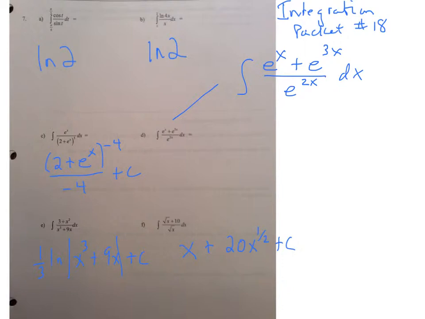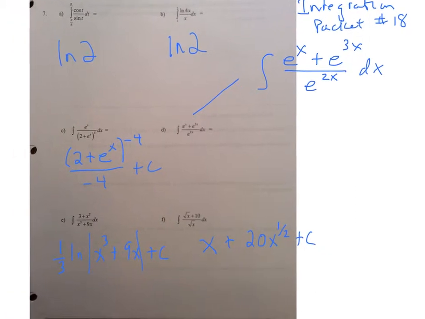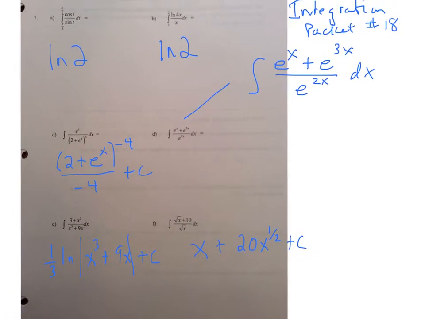So I make a recommendation in these kinds of problems where you have two terms being added in the numerator and one term in the denominator, that you do a little separation of the fractions and then some division.